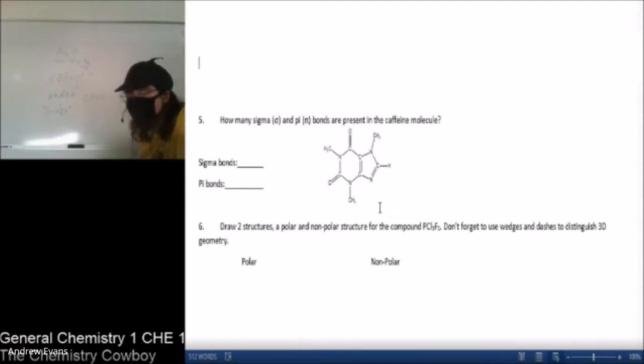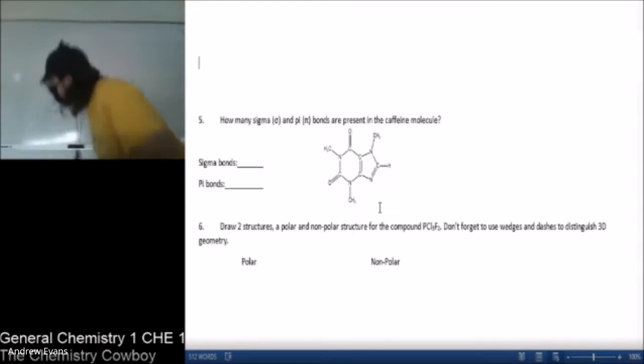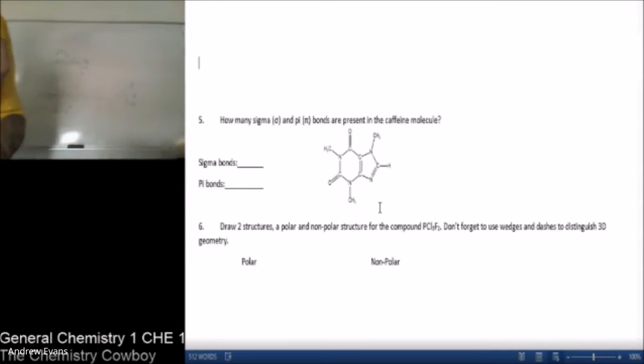Now the pi bonds: every double bond is one pi bond, and a triple bond counts as two. So you have a pi from the CO, a pi from the CN, another pi from the CO, and then a pi from the CC.